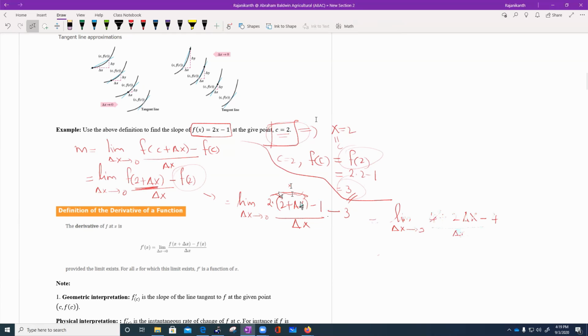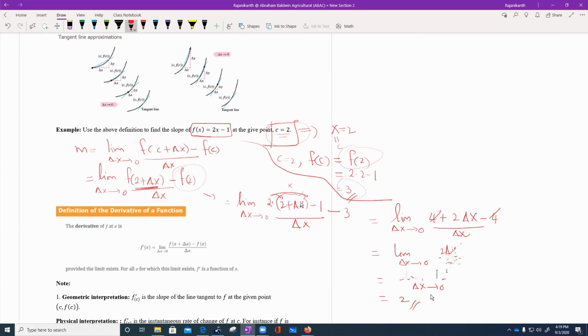Now the 4 and the minus 4 are gone, so you get the limit as delta x goes to 0 of 2 delta x over delta x. Now I can cancel delta x, so it is the limit as delta x goes to 0 of 2. 2 is just a constant, so the limit is simply that constant. Therefore, the slope of the given function 2x minus 1 at the given point 2 is simply 2.